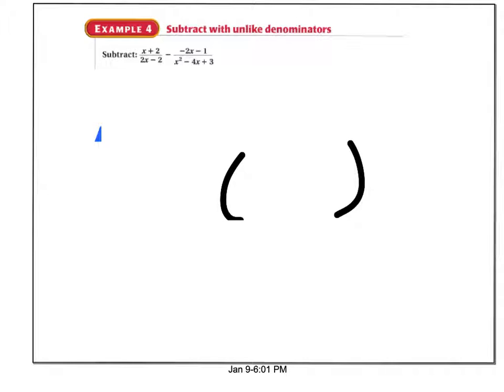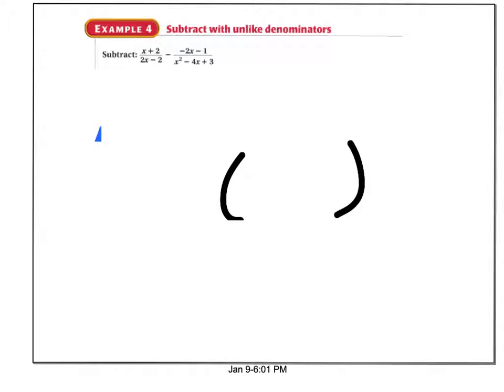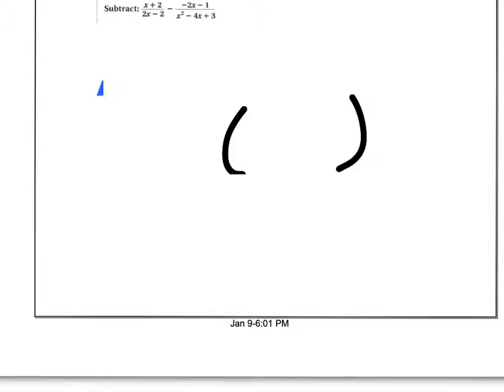And now I need to clean up my numerator even more before I can subtract them. In my numerator, after I distribute that negative sign, I'm going to get x squared minus 3x plus 2x minus 6, and then I'm going to distribute this negative sign to get plus 4x plus 2. And then before I rewrite my denominator, I am going to simplify that numerator.